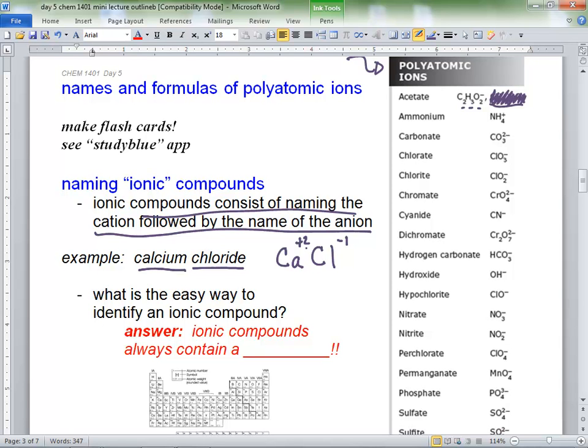Put this charge down here, put this charge down there. It works every single time. So I'm going to have 1 calcium at a +2, 2 chlorides at a -1, so -2 and a +2 overall, 0. You can leave it like this, or you can clean it up. I'll accept either way.